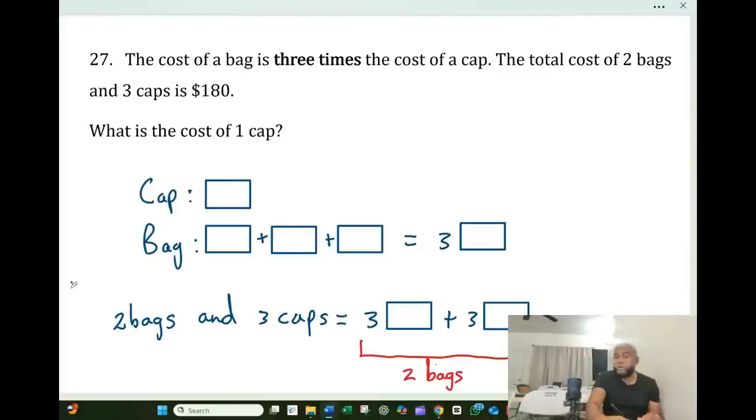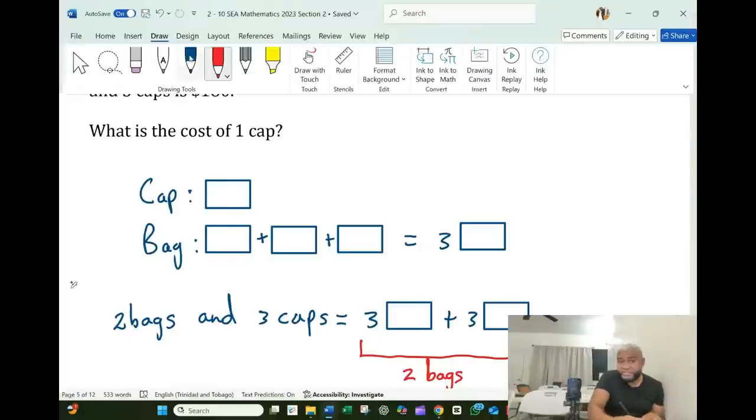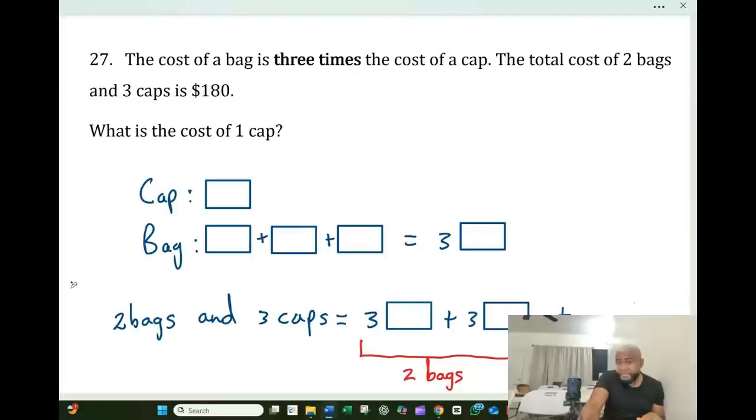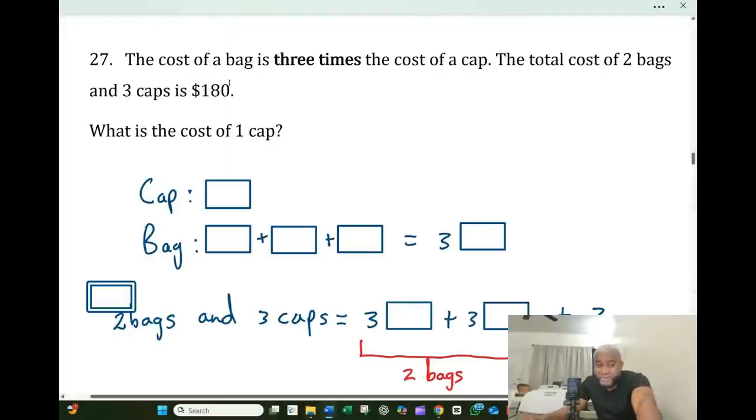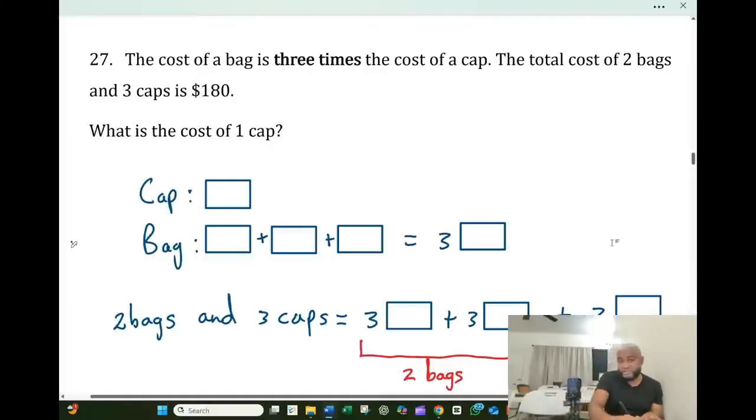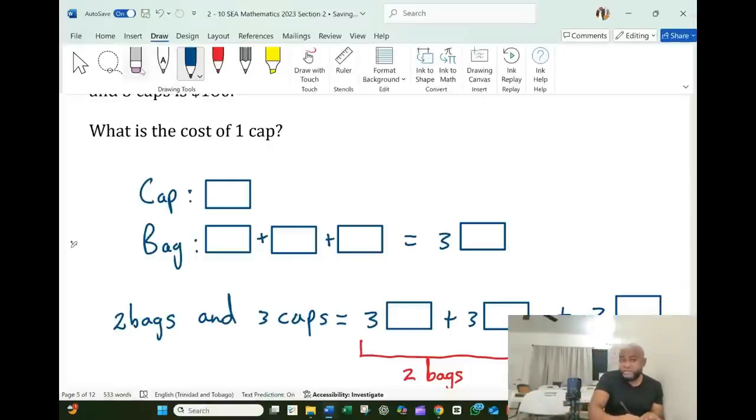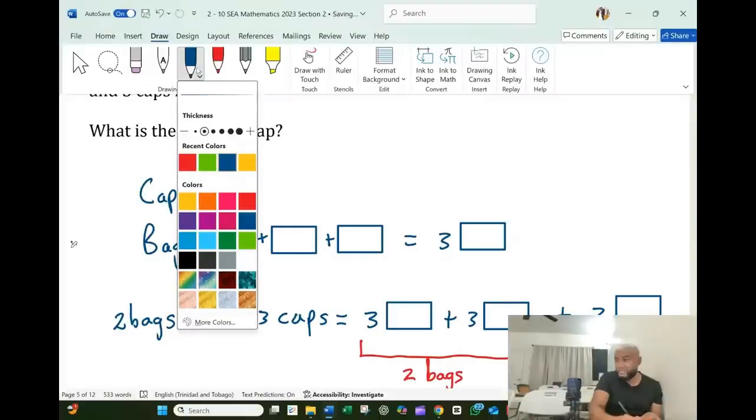Now we're going to add 3 caps, but a cap would simply be 1 box. So it's another 3 boxes here to represent the 3 caps. Boom.